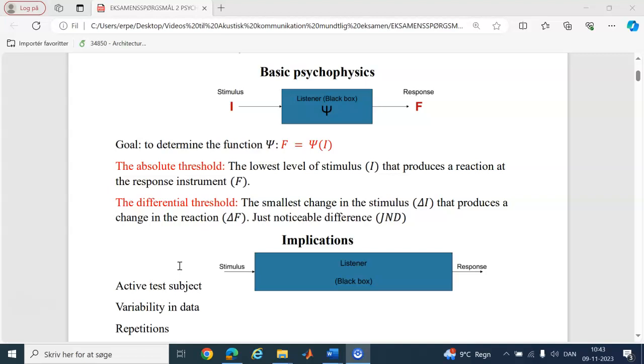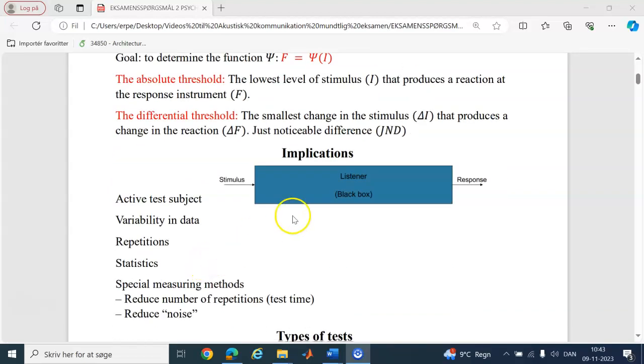It can also be the differential threshold, that is the smallest change in the stimulus, delta E, that produces a change in the reaction, delta F. It's called the just noticeable difference. So we have a stimulus, a listener, and a response.